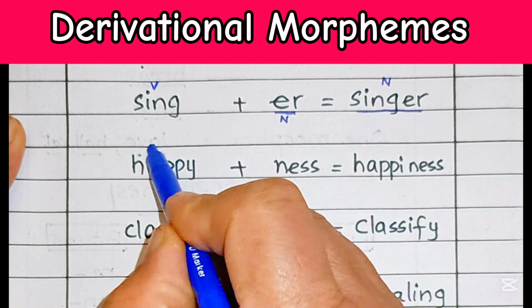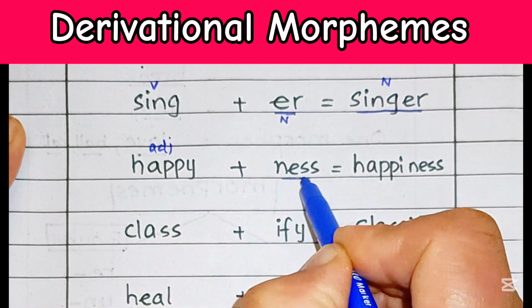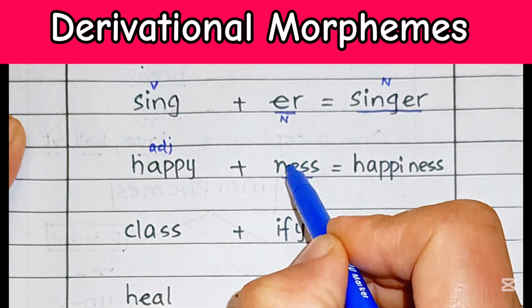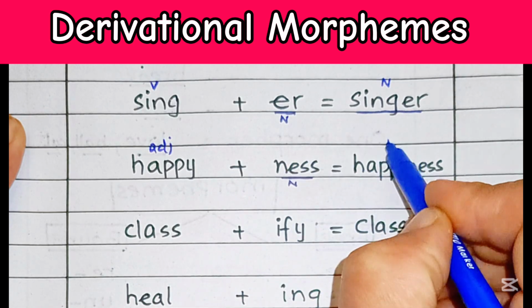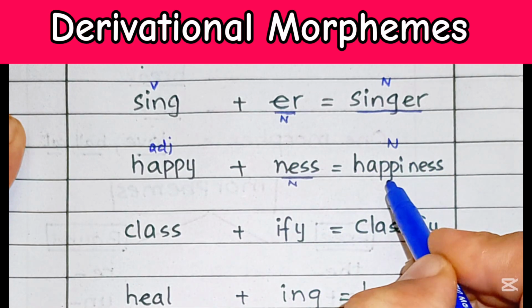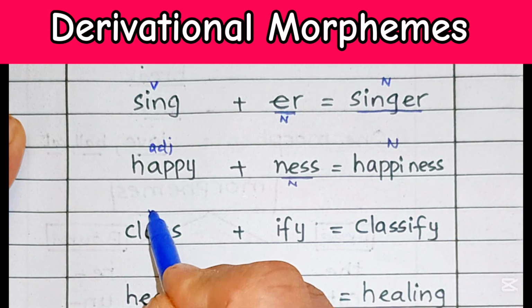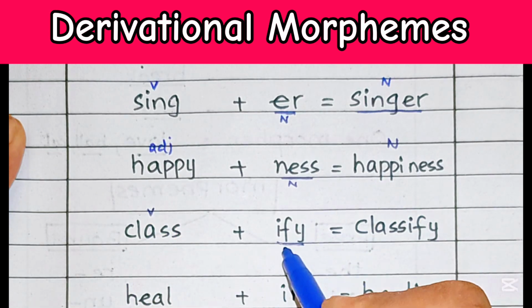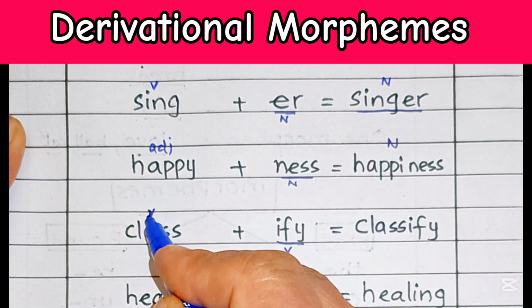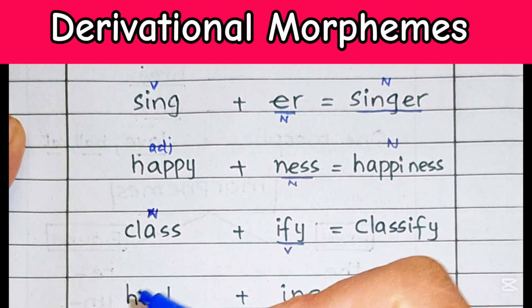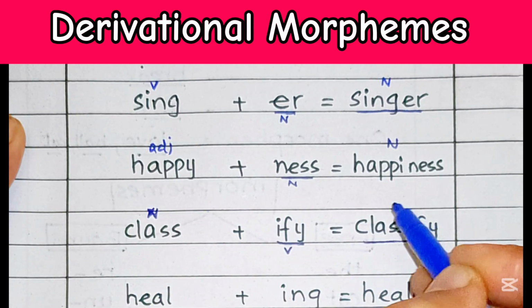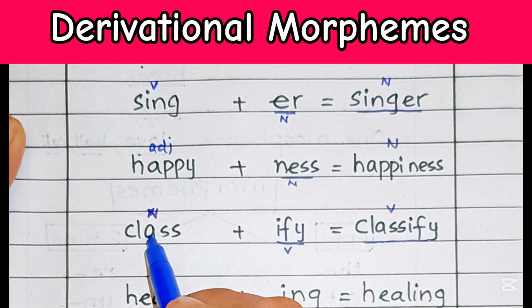Happy is an adjective. Once we add ness, which is a derivational morpheme, it becomes a noun, a new word with a new category as well. Class is a noun.